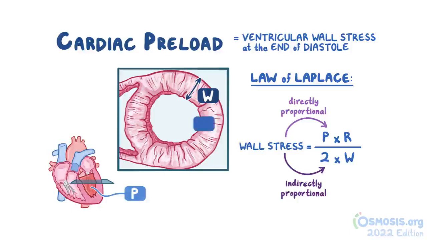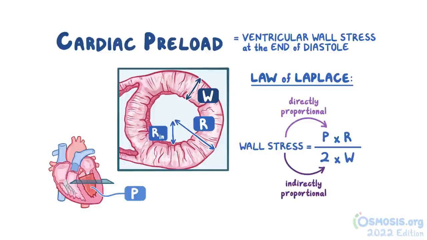And finally, the radius is the distance from the center of the ventricle to the outer edge. So actually, the radius, or R, comprises an inner radius, or RIN, which is the radius of the ventricular cavity, and the full radius is RIN plus the ventricular wall thickness.